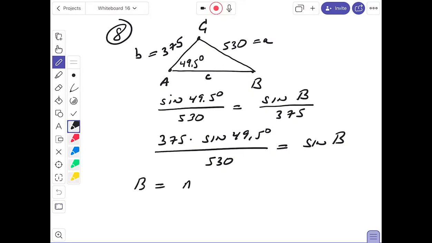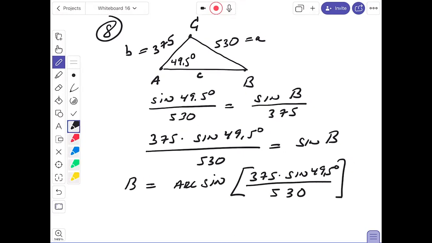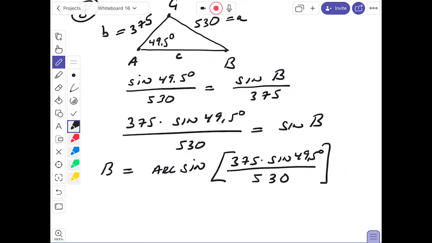B will be arcsine of this thing. I'm just copying, by the way. All right, my distance equation might be tough, but let me keep going.